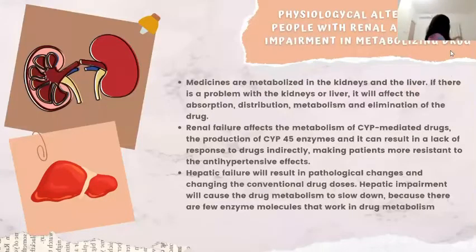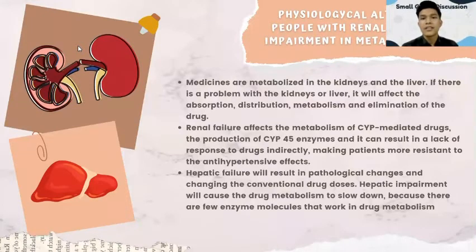Hello, my name is Anagung Rawijatana Parawaksa with student ID number 20025111193. So I will explain about chapter 2, the physiological alteration of people with renal and hepatic impairment and metabolizing drugs. So the medicines are metabolized in the kidney and liver. If there is a problem with the kidney or liver, it will affect the absorption, distribution, metabolism, and elimination of the drug.